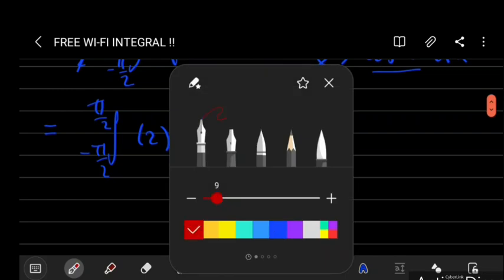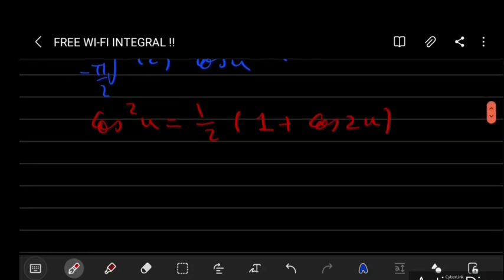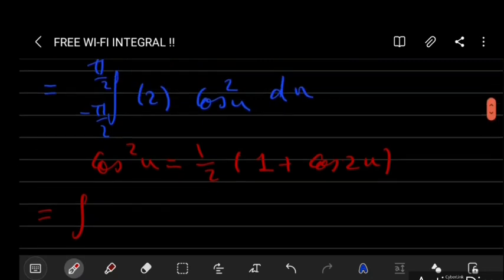So we all know that cosine squared of u is equal to half of 1 plus cosine 2u, so we can use this. So the integral will be from negative pi over 2 to pi over 2. This 2 and this half cancel out, so it will be 1 plus cosine 2u du.